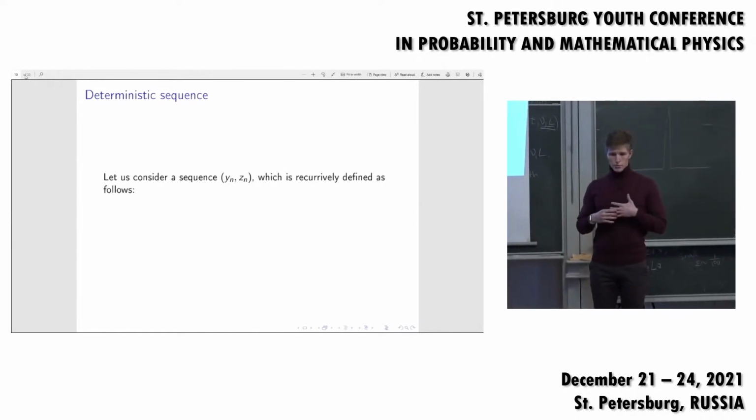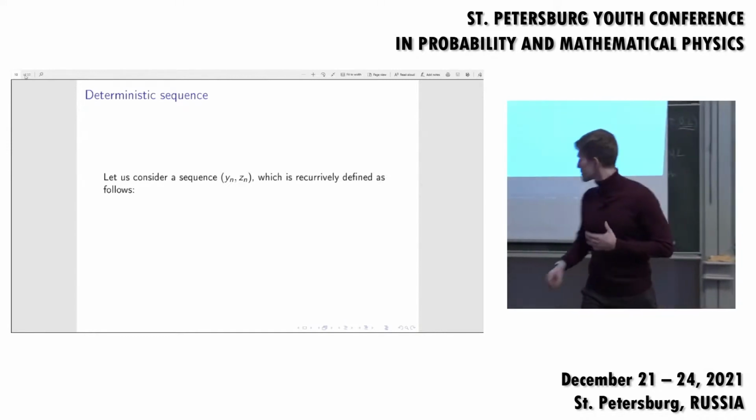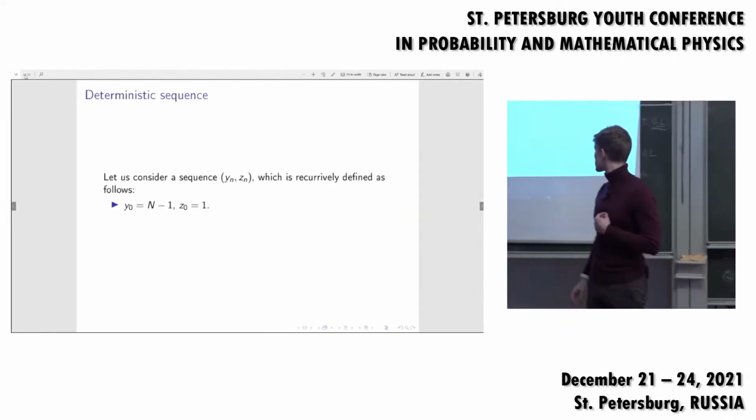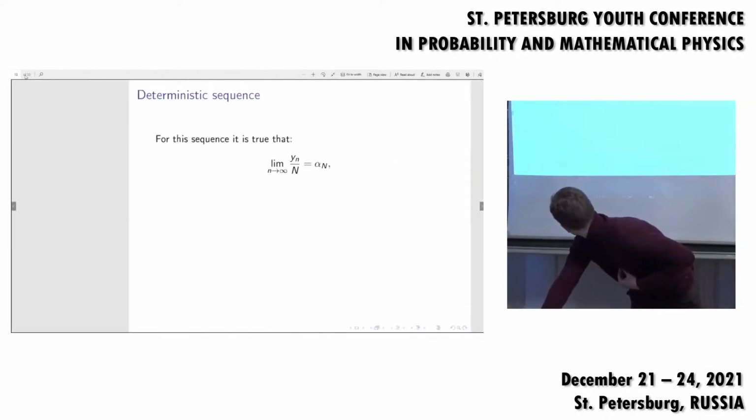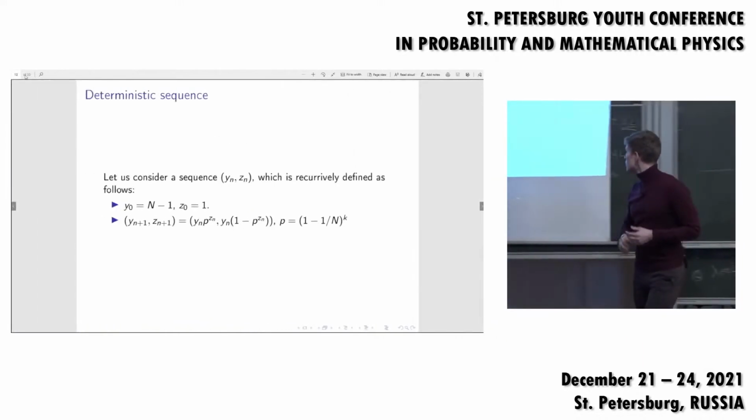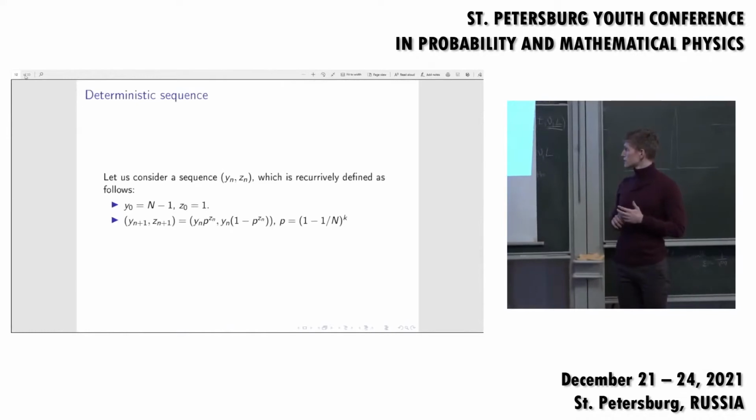In such problems, it is common to use some deterministic sequence, so it will be easier to understand what is going on with the real stochastic sequence. So let us consider a deterministic sequence which is recursively defined.